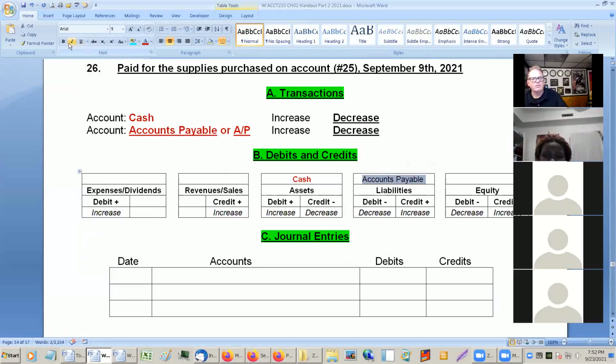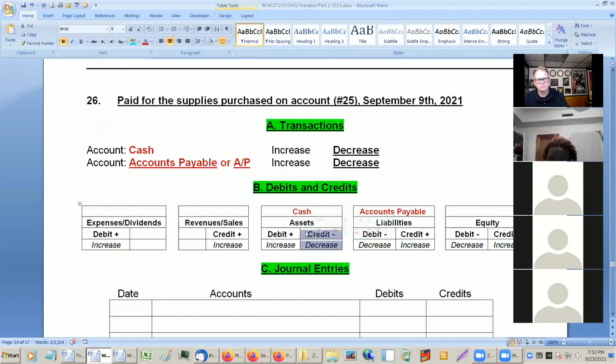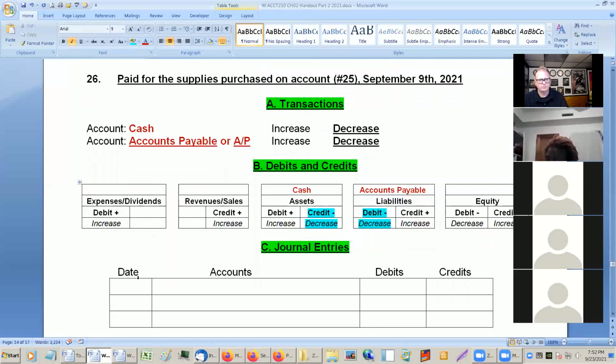Well, now we're just paying for these. But I am going to show you something here. So cash is going down. Accounts payable is going down with a debit.